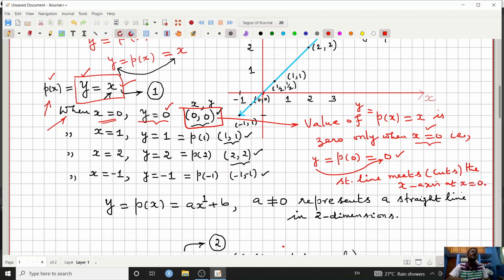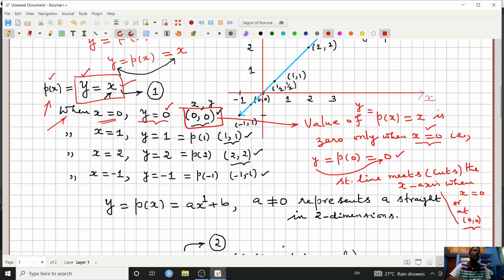So it cuts the x-axis when x is equal to 0, or it cuts the x-axis at the point 0, 0.